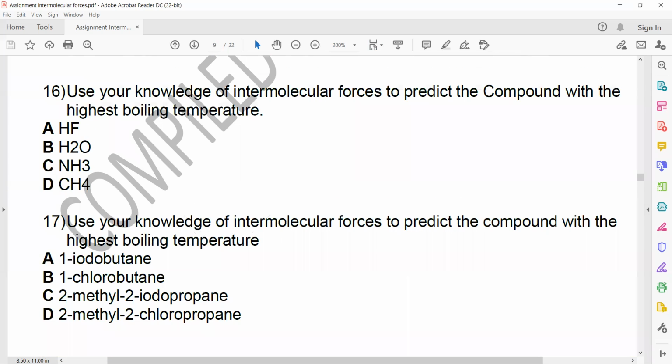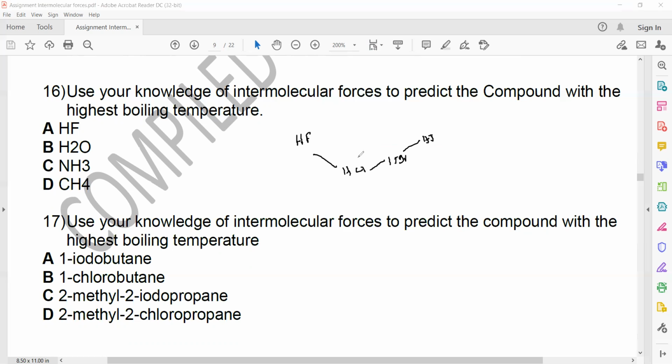Then question 17. Use your knowledge of intermolecular forces to predict which compound has the highest boiling point. If you check the trend in the hydrogen halides, HF will have the highest, then HCl, then HBr, and then HI.